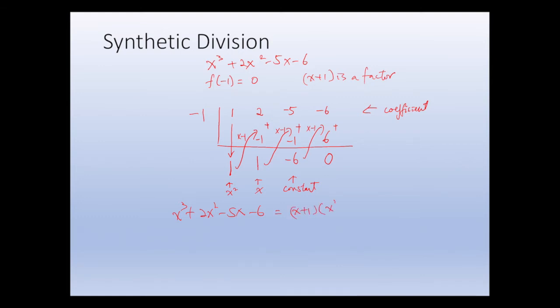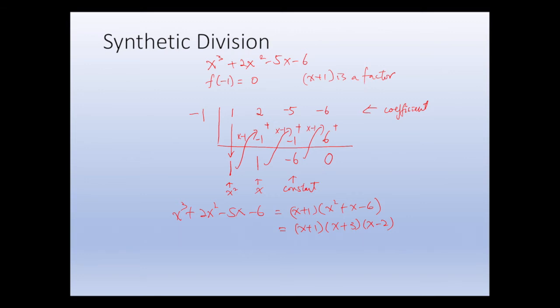So therefore, we can write x cubed plus 2x squared minus 5x minus 6 equals x plus 1, which is a factor, and x squared plus x minus 6. And there you go. We've got x plus 1, x plus 3, and x minus 2, which is exactly the same as what we did for the long division.